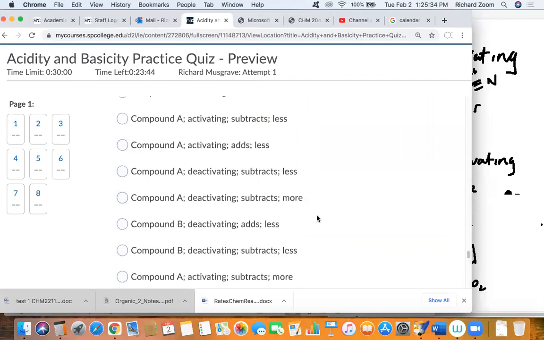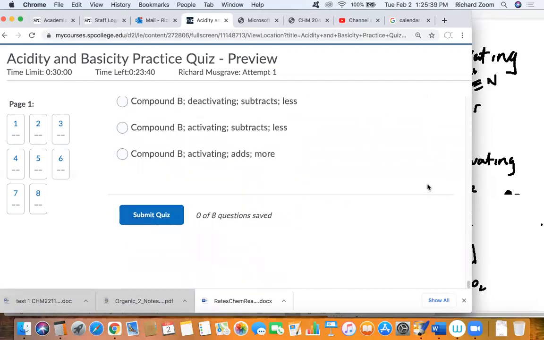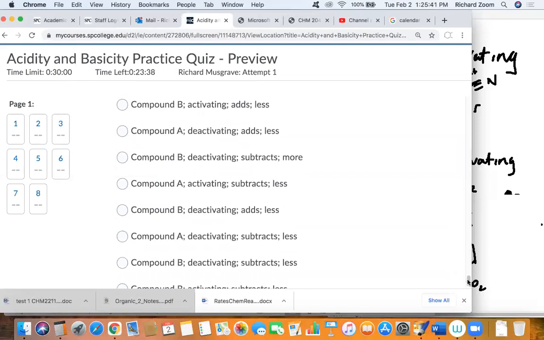Okay, that one didn't even have any conjugate acid questions on it.